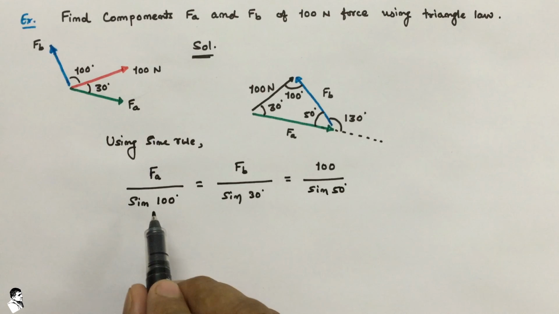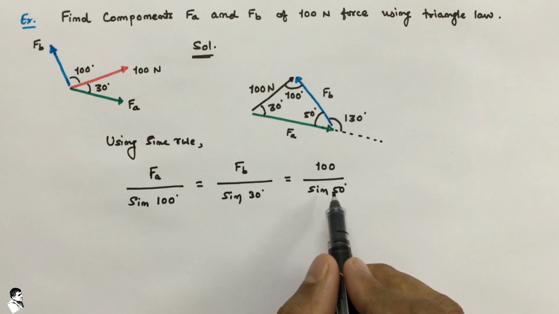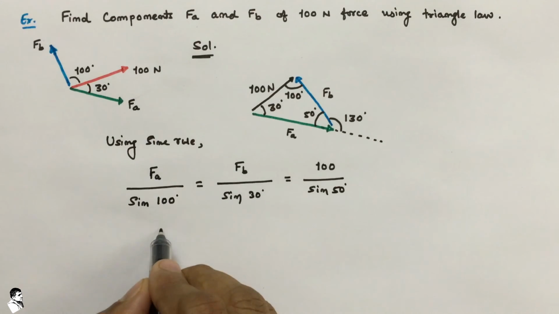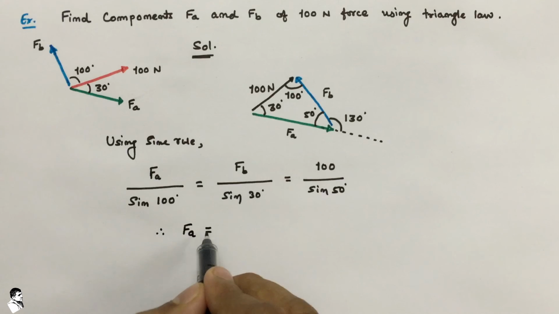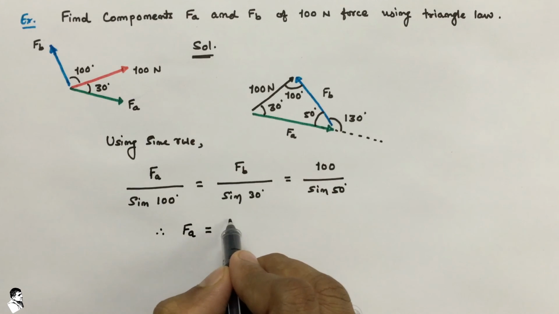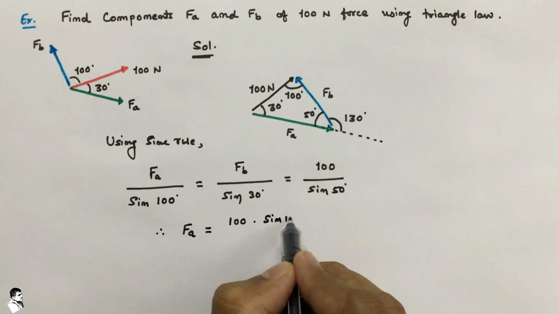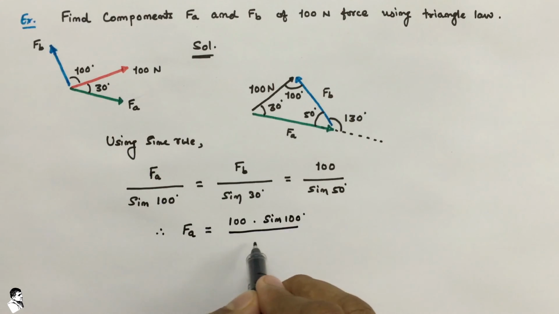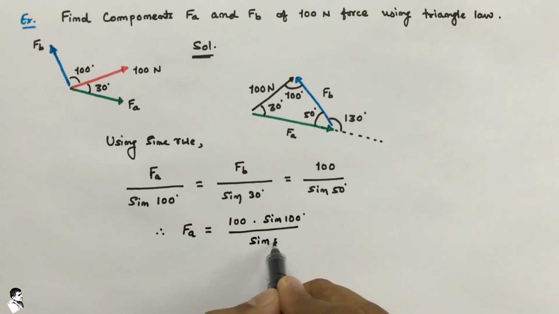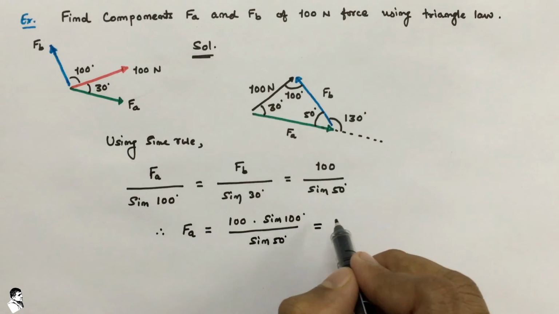Right, now if you solve this equation one by one, first of all we solve for FA and this 100 Newton force, so it will give the value of the FA component, that would be 100 into sine 100 divided by sine 50.